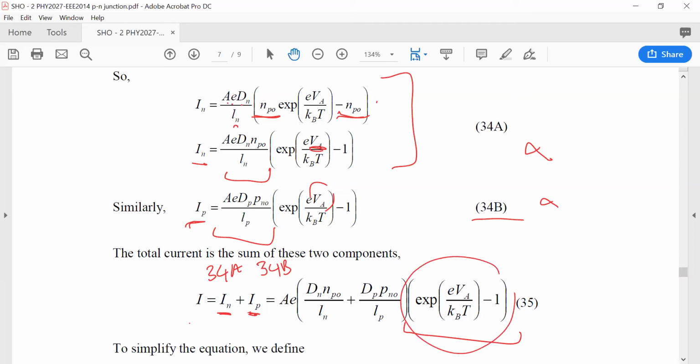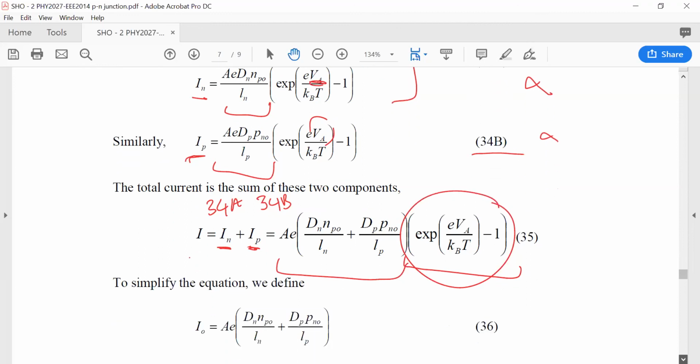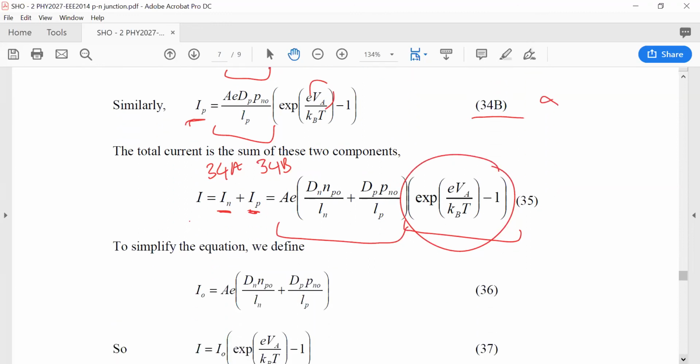Now this part here is the same for IN and IP, so we can take it out, it's common. And then we find that we've got a bunch of constants that we multiply the voltage dependence by. We can define these constants as I0. We can define them as anything we like really, but I0 is called the reverse saturation current.